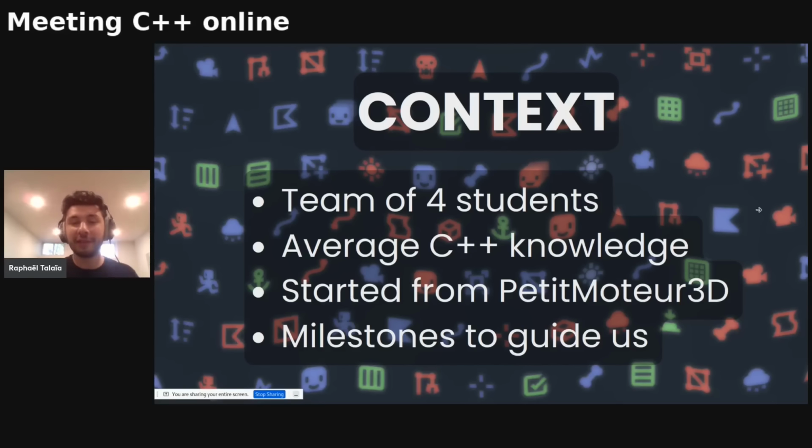So for the context of our student project, we were a team of 4. We had average C++ knowledge, meaning like we knew what a destructor was, we knew like the rule of 3, how to handle pointers, but we didn't know much about like smart pointers or like move semantics, and other things like that.